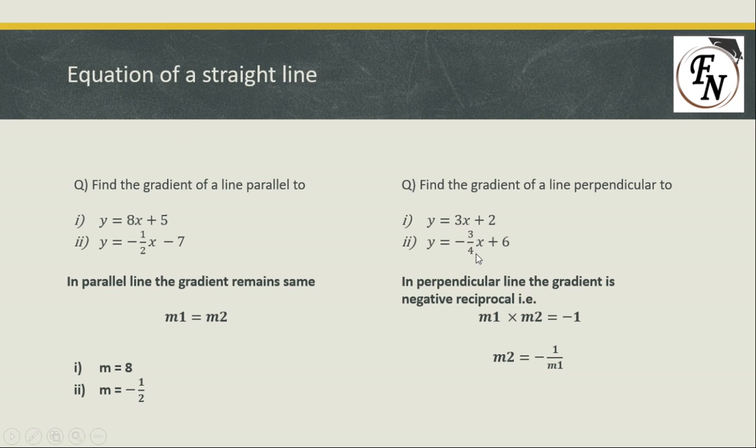We can just switch over the numbers and change the sign. So this is 3, which we can write as 3 over 1. If nothing is in the denominator, we can say 3 is upon 1, and it has a positive sign. So we change the sign to negative and take the reciprocal, that is 3 over 1 becomes 1 over 3.